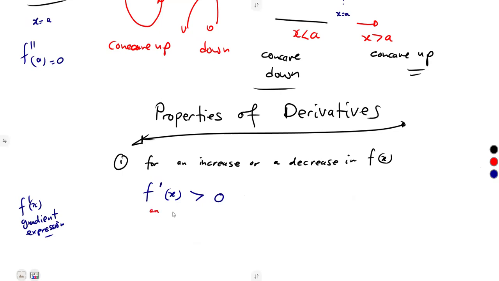But if this first derivative with respect to x is less than 0, we are talking about a negative gradient for that f of x. So meaning to say our f of x is experiencing a decrease. So that's the first property, for an increase or a decrease in f of x.